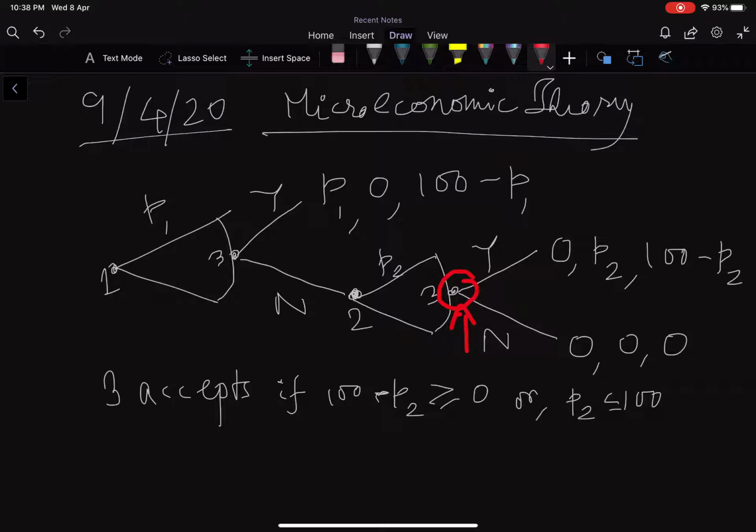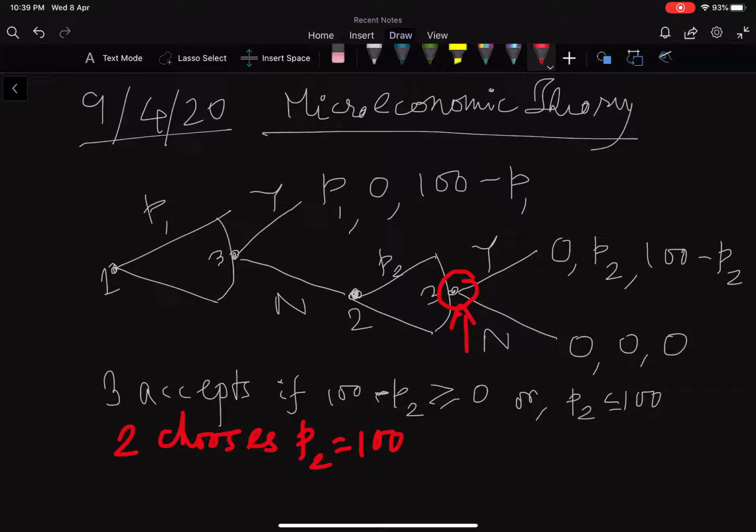Knowing this, what would P2 be? Player 2 keeps everything for himself. So knowing that, 2 chooses P2 equals 100. Okay, so that's player 2's strategy, to keep everything for himself.